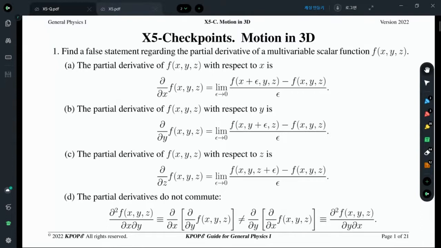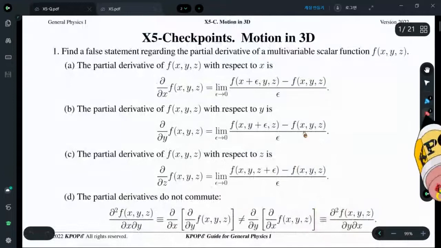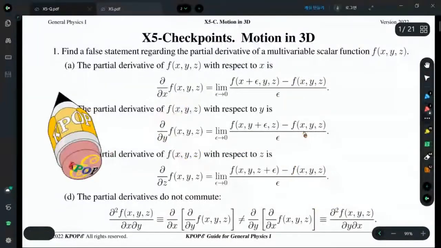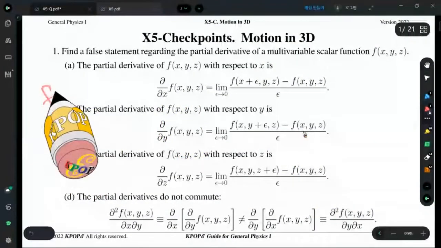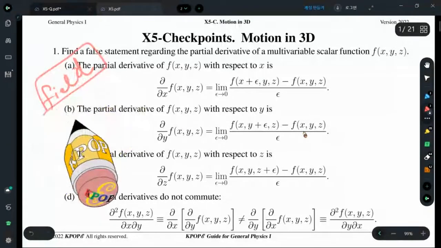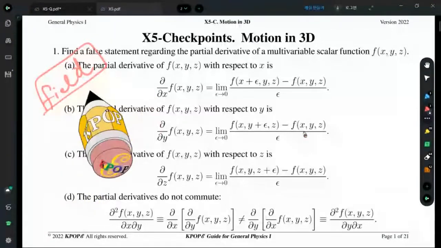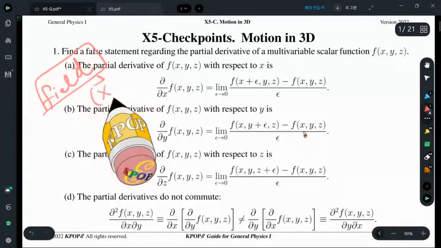Okay, let's begin with the exercise 5 checkpoints. There are partial derivatives. We are considering field. Field means a function whose argument is a position.